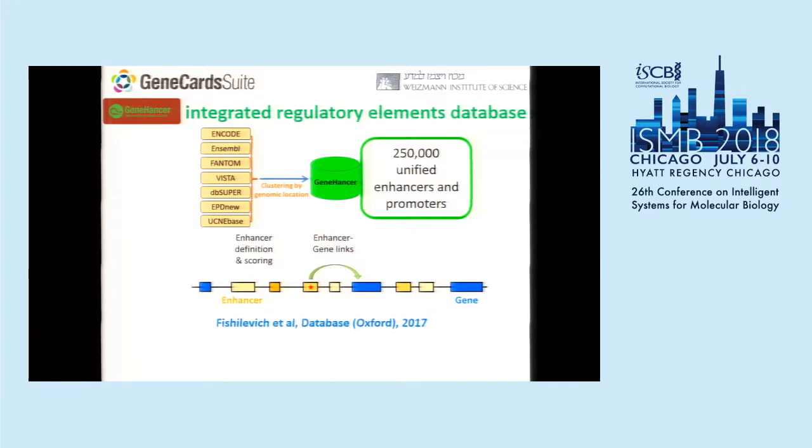And so a PhD student, Simon Fishilevich, in our group, took on this project, starting with 4 sources of information about enhancers: Ensembl regulatory build, ENCODE, FANTOM, and VISTA, and defined clustering algorithms in order to come up with unified enhancers. And recently, we've added promoters into the mix, and sometimes the regulatory elements could be an enhancer or a promoter or both, and have that annotation.